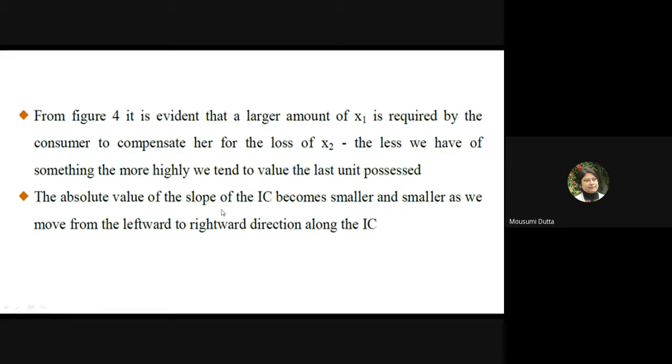The absolute value of the slope of the indifference curve becomes, so up to this, I think it's fine. And then I am adding that this absolute value of the slope, that is the MRS of the IC, becomes smaller and smaller as we move from the left to the rightward direction along the IC.